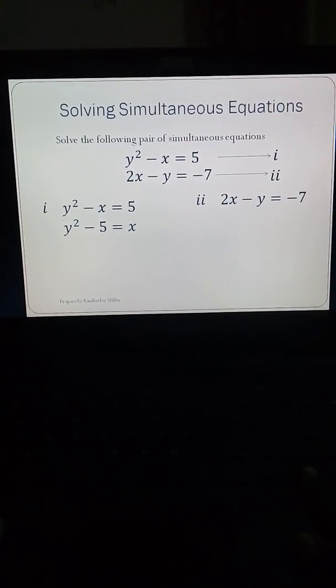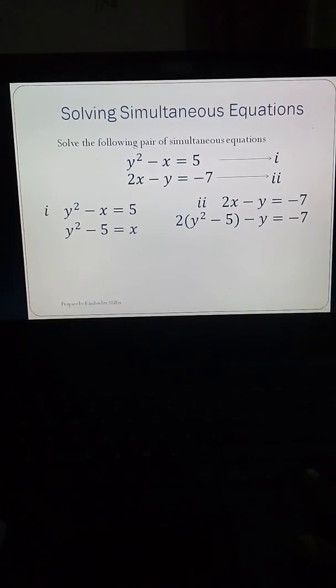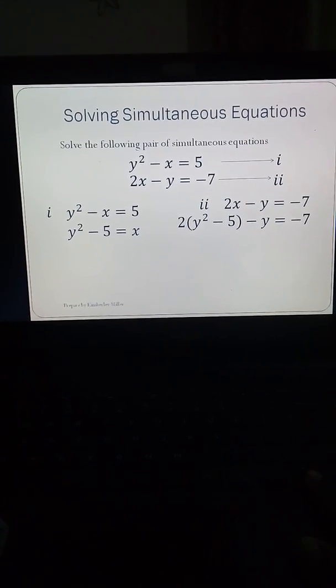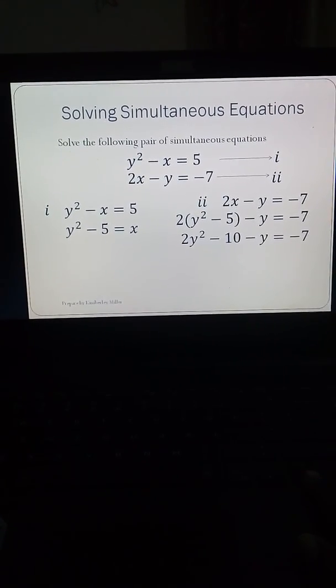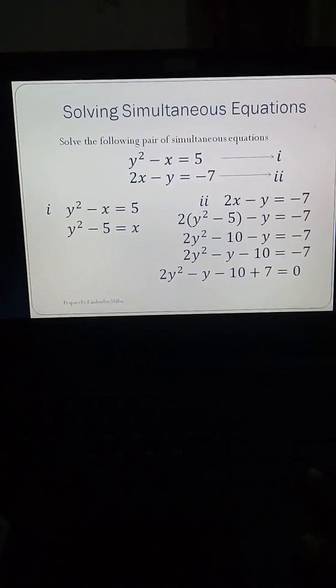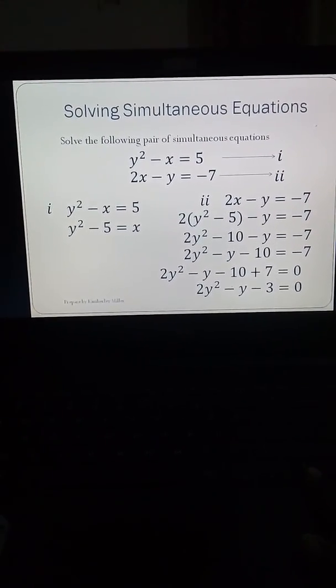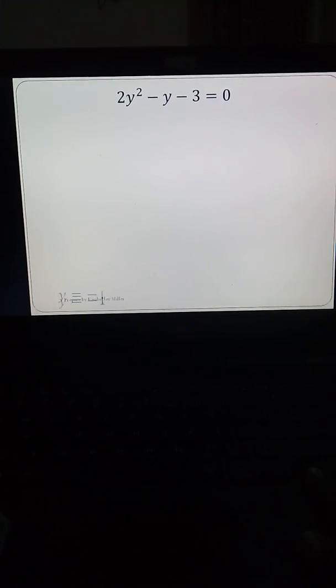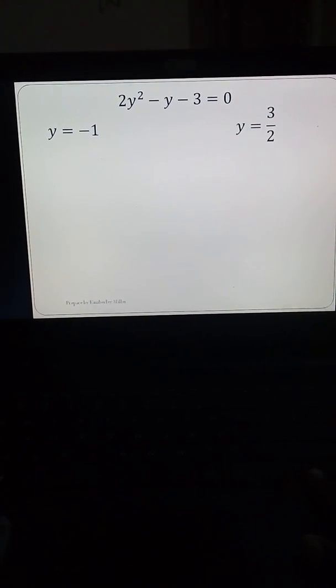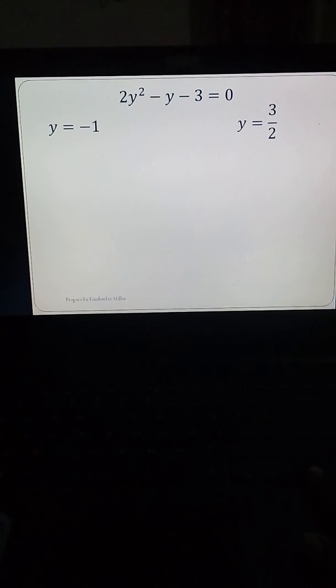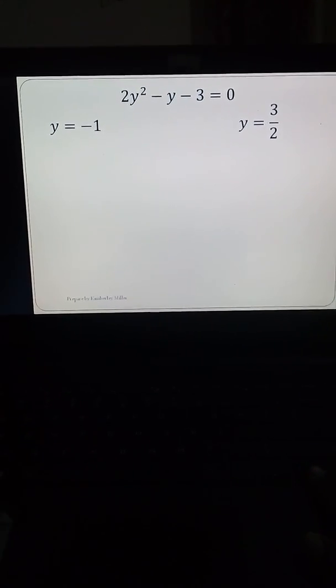So wherever x is in equation 2, we're going to substitute y squared minus 5. Simplify, and we have that quadratic equation. Then you're going to solve that quadratic equation, whether by the factorization method or the formula method.